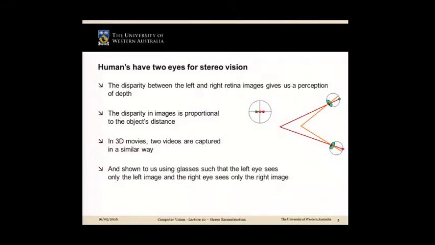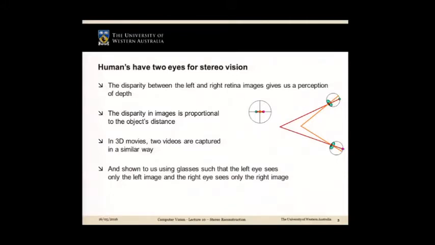The disparity between the left and right retina images gives you a perception of depth. An image is formed on your left eye and an image is formed on your right eye, and that gives you depth perception. This disparity in images is proportional to the object's distance.